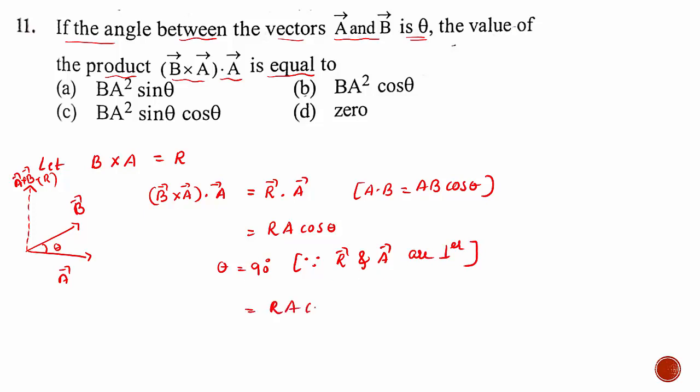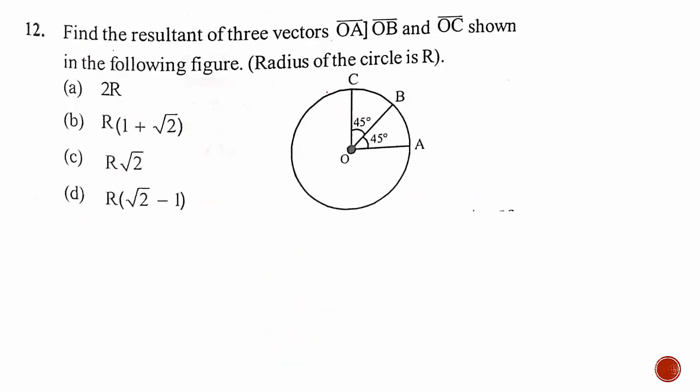So R A cos 90. Cos 90 is 0. R into A into 0 is 0. Right? So vector B cross A dot A, that gives the answer 0. So angle between two vectors is theta. But here the value of B cross A dot A we got 0, that is option D.